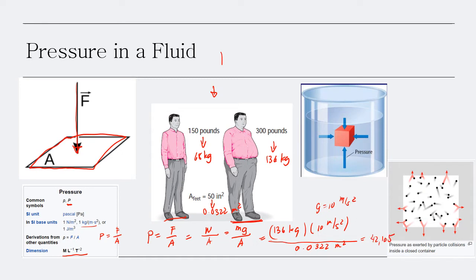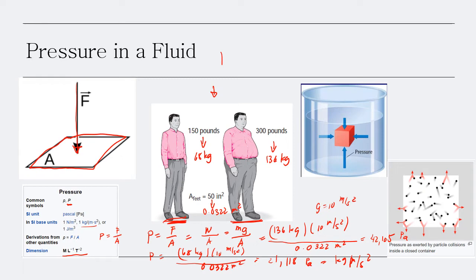For the pressure under the feet of the 150-pound person, it is 68 kilograms times 10 meters per second squared over 0.022 square meters, which is around half of this, 21,118 Pascal, or kilogram per meter per second squared.